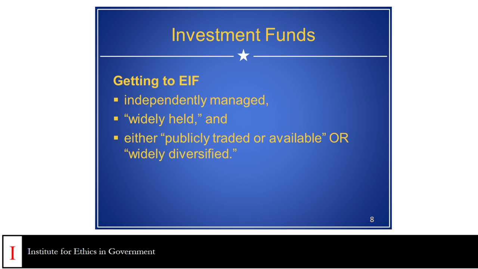For step 1, an investment fund is independently managed if the filer lacks the ability to exercise control over the financial interests held by the fund. For step 2, a fund is widely held if the fund has at least 100 natural persons as direct or indirect investors. Here we mean individual investors. We count heads.